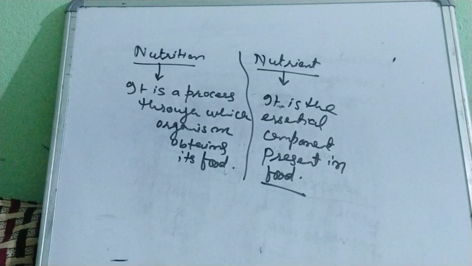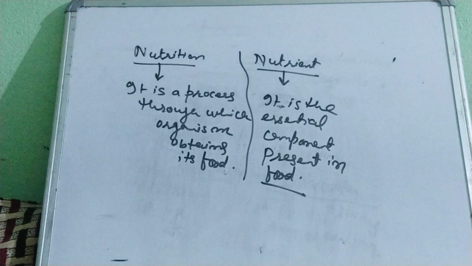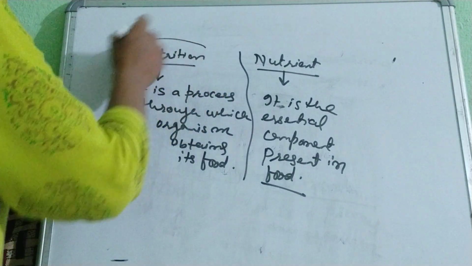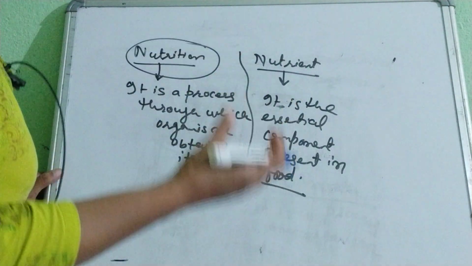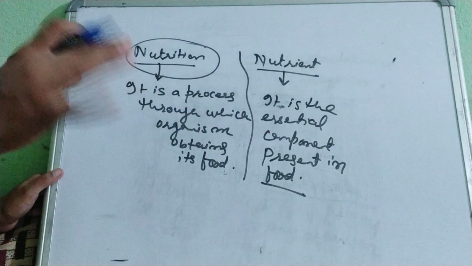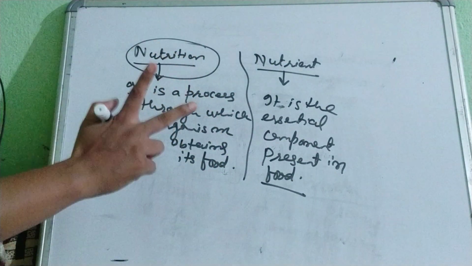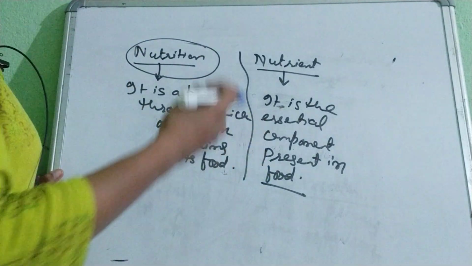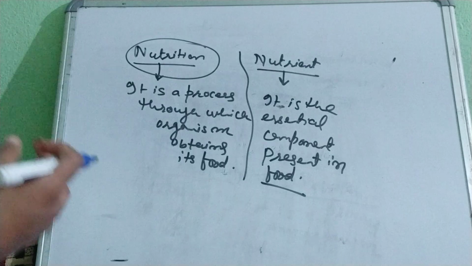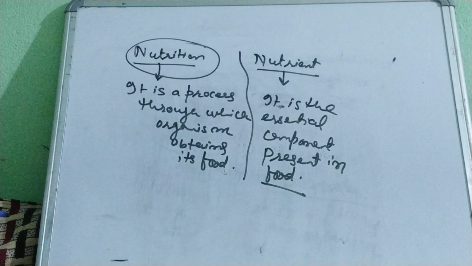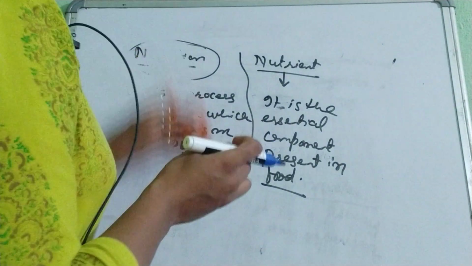Now see, what are the different modes of nutrition? It is said that mainly there are two modes of nutrition. One is autotrophic, another is heterotrophic.